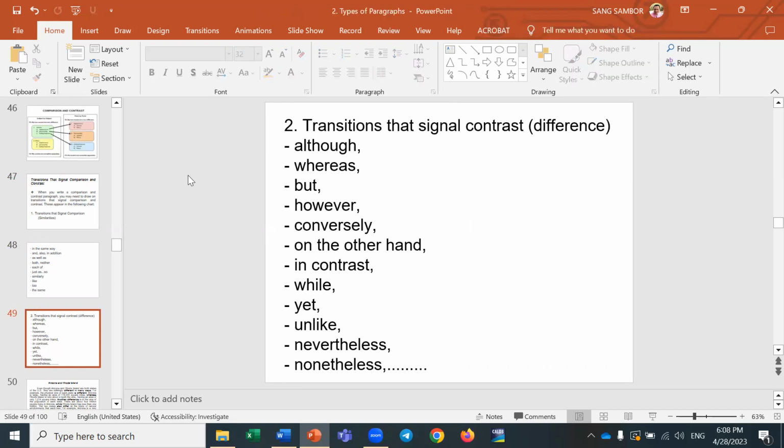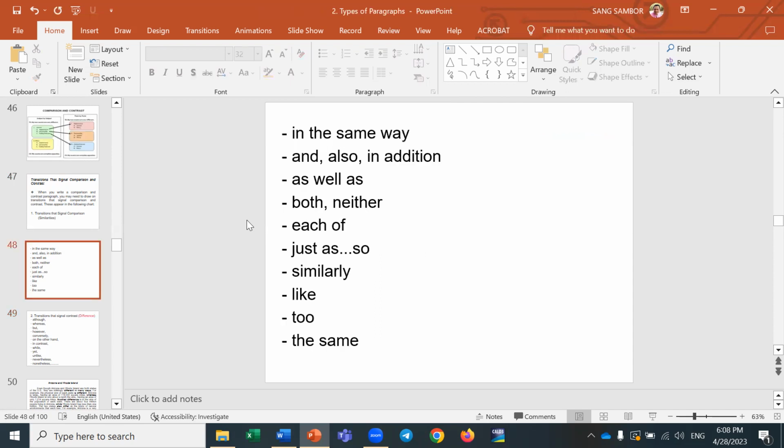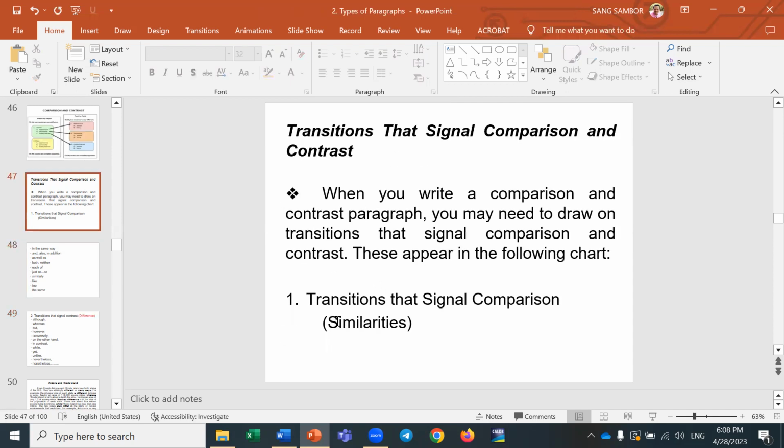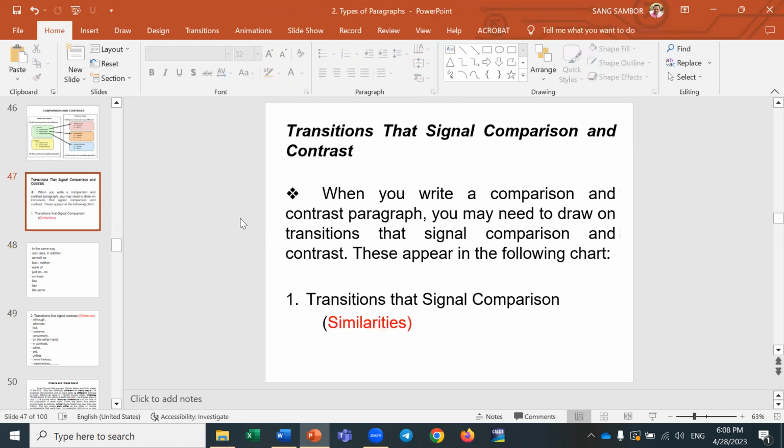All right. So let's just highlight this so that you remember: this is the transition signal that shows difference, and this is the transition signal that shows similarity.